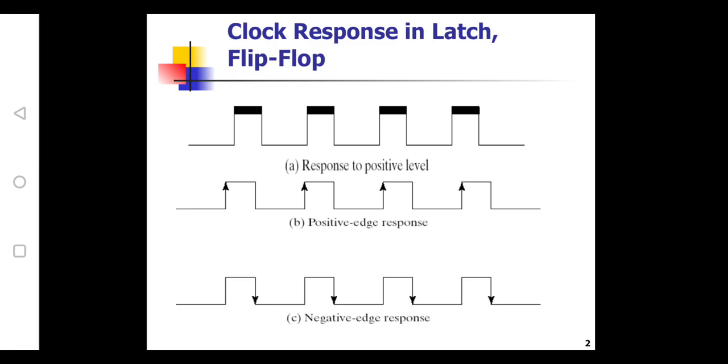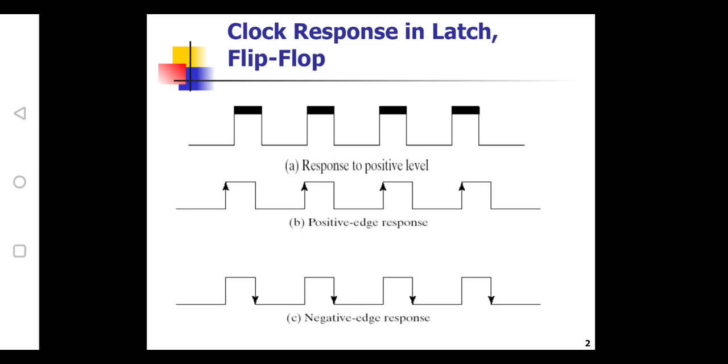So if we compare the latch and the flip-flop, in case of a latch the output changes for a long time because of level triggering. Whereas in case of a flip-flop, as it is edge triggered, the output changes only at an instant of time, whenever the clock changes either low to high or high to low.